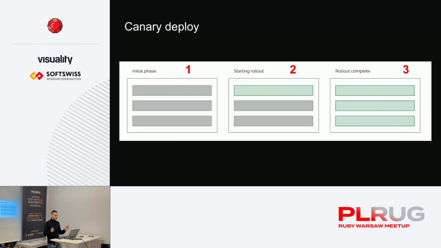And let's talk about the last deployment strategy. That's a canary deploy. Canary deploy is similar to a rolling deploy, but the idea is that you would deploy only part of your application servers to the next version, to version 2, and then see if any problems manifest themselves.